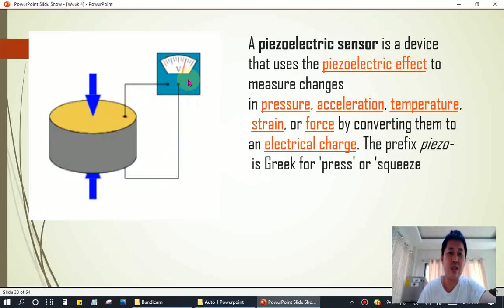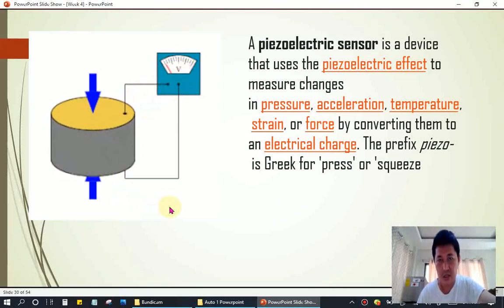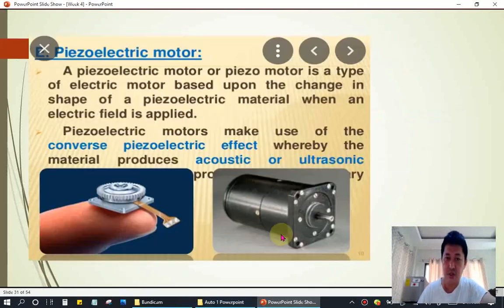When the material is expanded, the voltmeter reading decreases. So it's in signals. So this is one example of the application of the piezoelectric sensor.